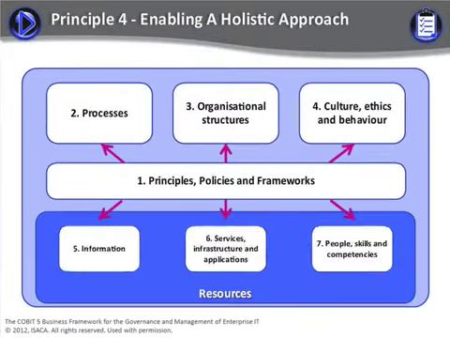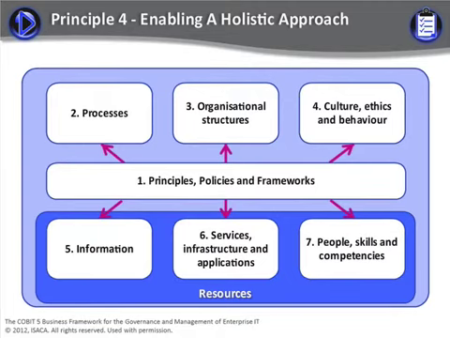Principle 4 is enabling a holistic approach. We have already mentioned the COBIT 5 processes, and you may have learned about some of them from COBIT 4. But processes alone are not sufficient. The diagram on your screen shows 7 elements that COBIT 5 identifies as being essential for good governance and management.